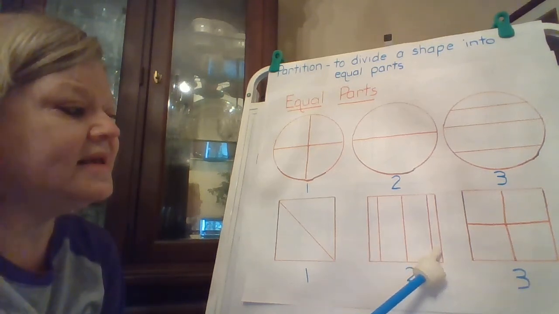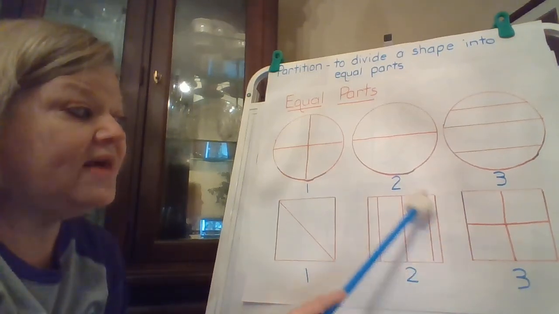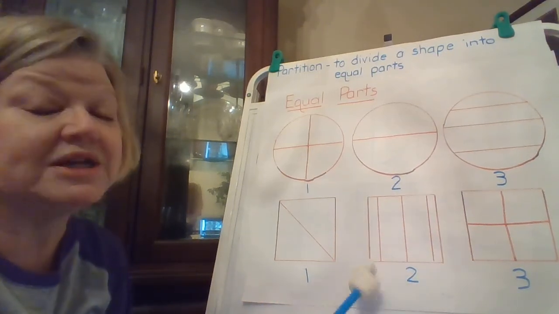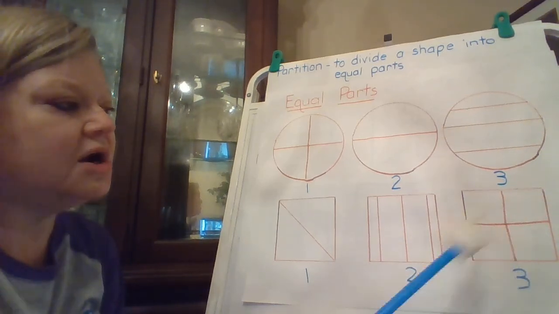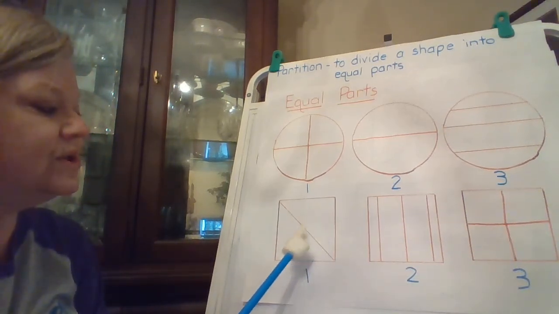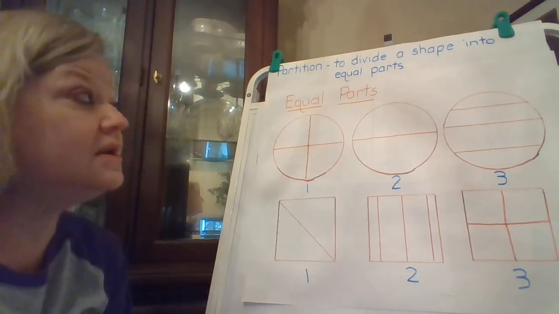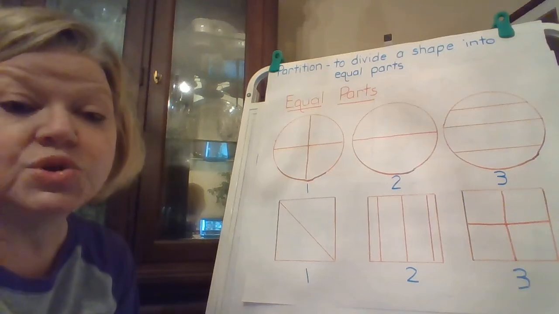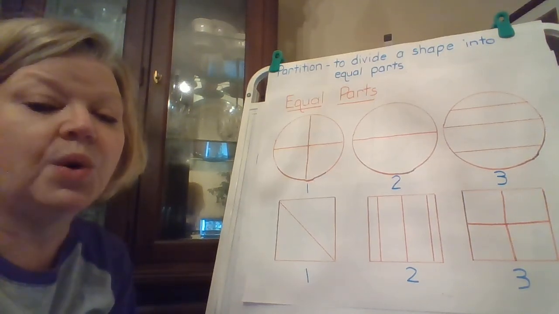These are not equal parts. So I cannot say that they are partitioned equally. However, these four parts are the same and these two parts are the same. So in order to partition shapes, we have to make sure that these shapes are divided into equal parts.